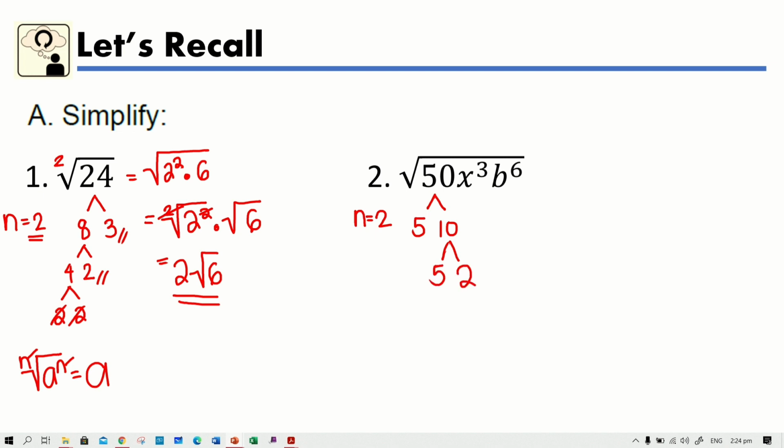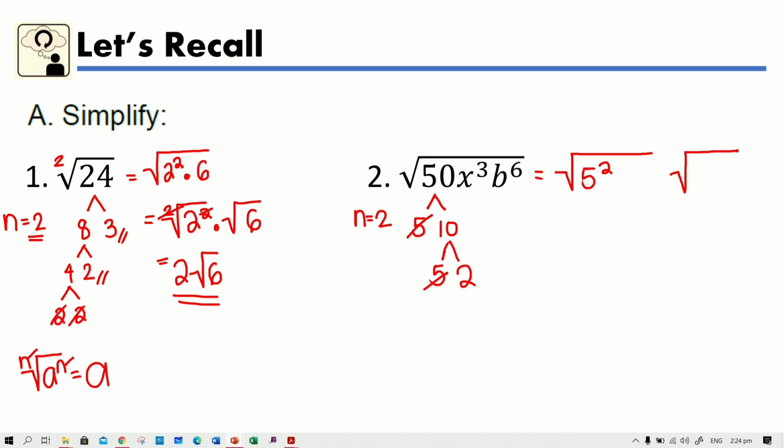In this example, I can rewrite this in this way. That is simply square root of, again, look for a number which is by 2. We have 5 here. So that's 5 squared. Then, we're going to place the other factor here.